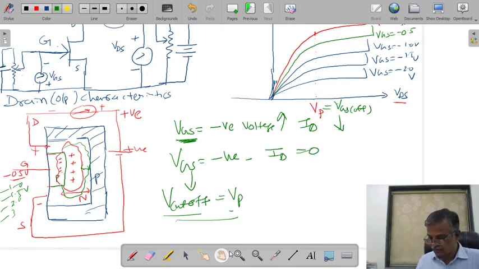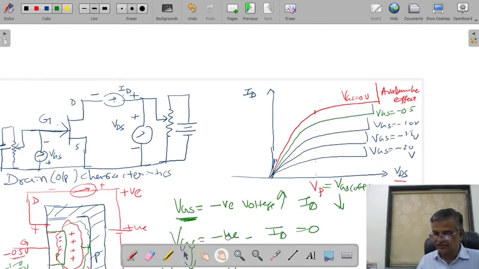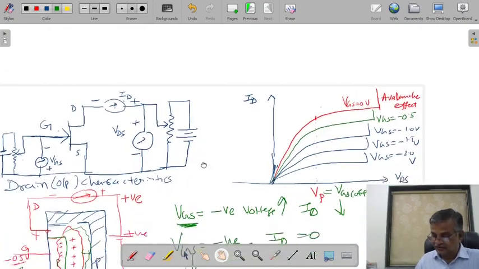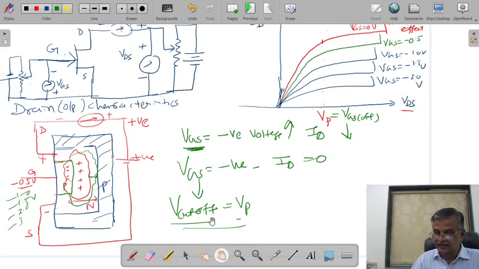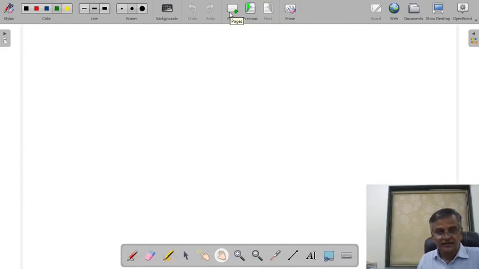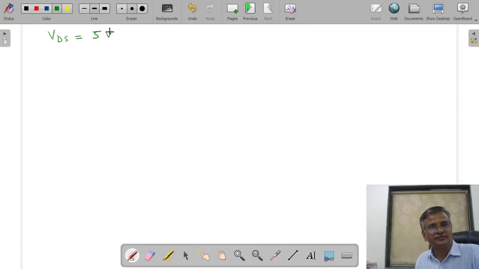Now, we'll take the transfer characteristics. What in transfer characteristics? Keep your drain to source voltage more than Vp; for your understanding I am giving 5 volt.